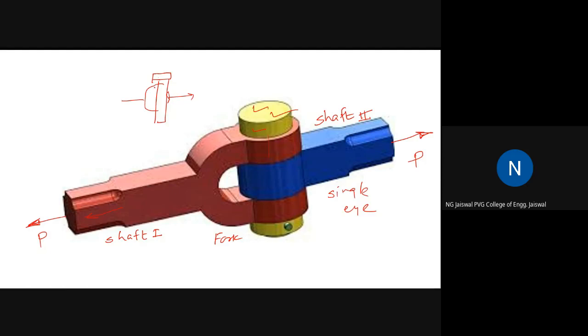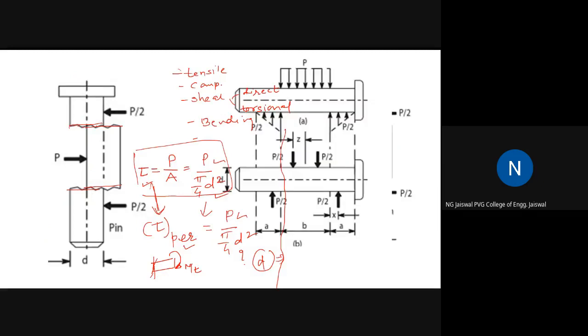So it is possible that you are applying some force here, this way, and there can be some reactions here. This is as good as a problem in which there is one force and two reactions. If that is the condition, we can understand that this is subjected to some bending stress. So this pin also can undergo bending. This is what is shown here.